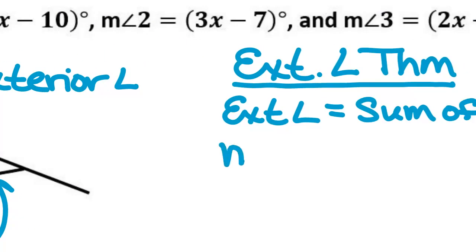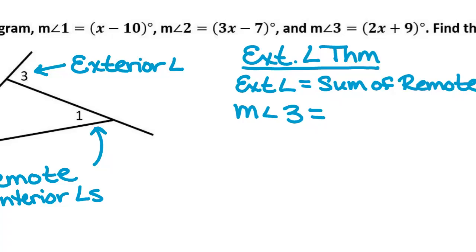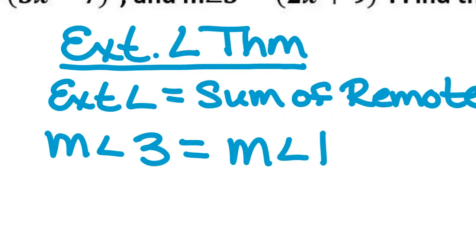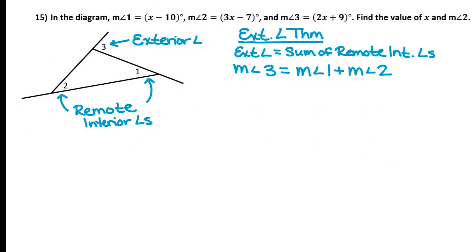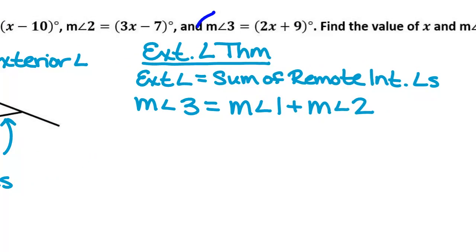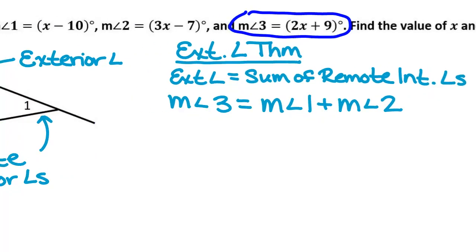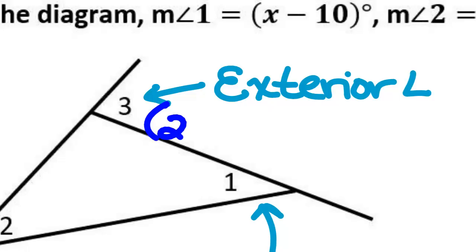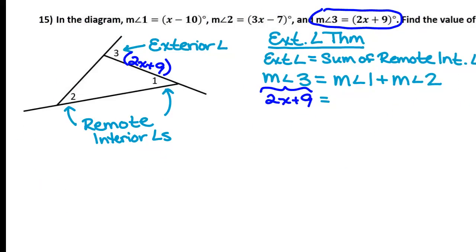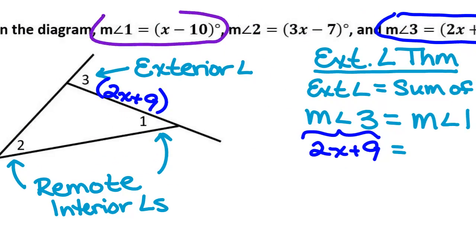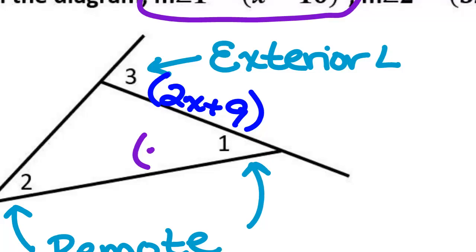So that means the measure of angle 3 is equal to the sum of my two remote interior angles, measure of angle 1 plus the measure of angle 2. Well, angle 3, we were told up here, is 2x plus 9. So that's going to go on a side all by itself here. 2x plus 9 equals angle 1 is x minus 10.